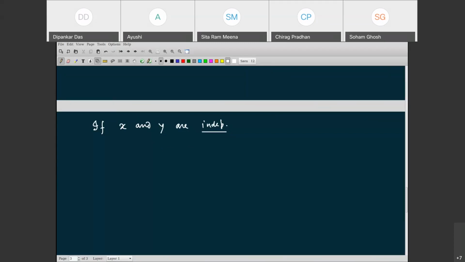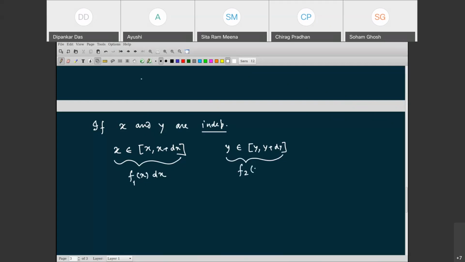What I mean is that whether x is within x to x plus dx will not affect whether y is within y to y plus dy. So you can calculate each of the probabilities independently. Suppose this probability is f1(x) dx, and this probability is f2(y) dy. So these are two independent probabilities now.